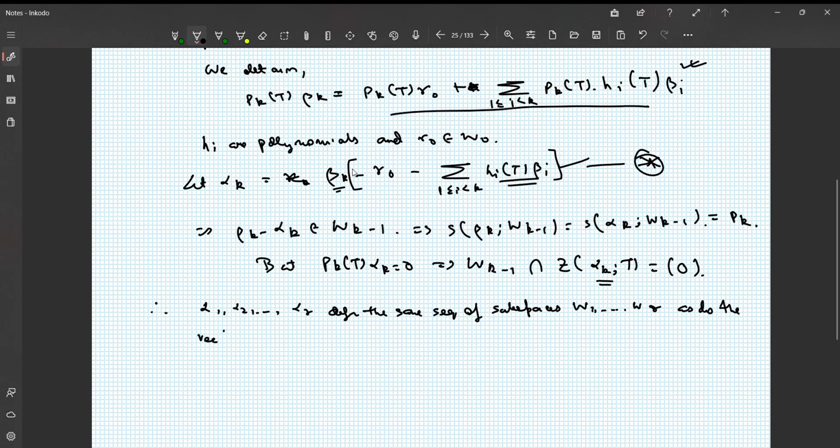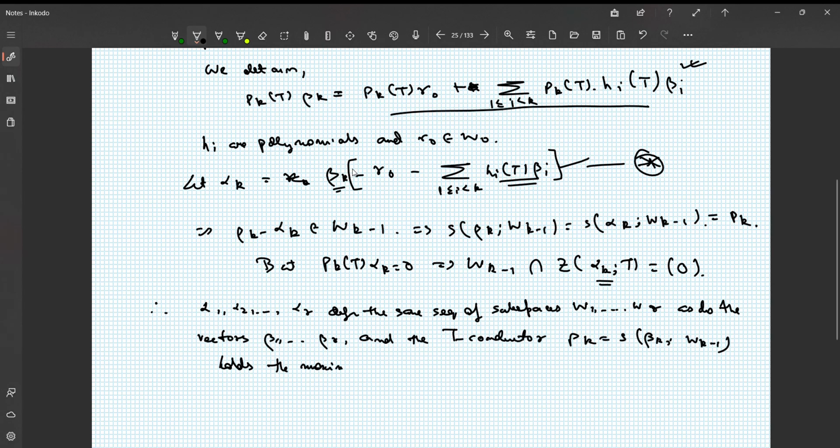These subspaces come from step 1, as do the vectors beta 1 to beta r. The only difference being that here we have the concept of independence. And the T conductor pk, which is the T conductor of beta k into Wk minus 1, holds the maximality property from step 1.